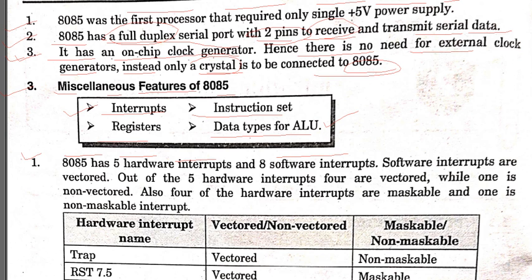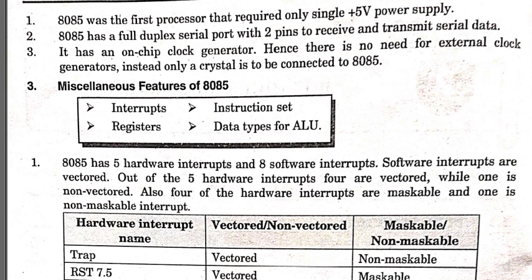Okay, so this 8085 has a total of 13 interrupts, which are divided into the 5 hardware interrupts and the 8 software interrupts, which we have to study in detail in the 4th unit. So the software interrupts are vectored. As we saw the definition of vector and non-vector in the first lecture, the software interrupts are vector interrupts, and out of the 5 hardware interrupts, 4 are vector interrupts while 1 is the non-vector interrupt.